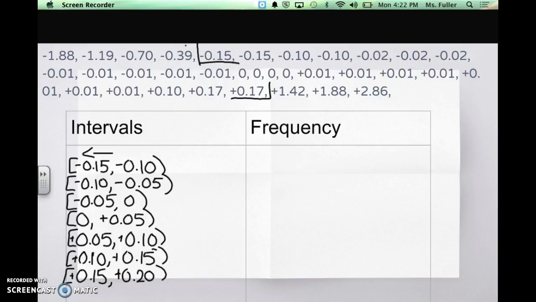And finally, we're going to do another outlier going the opposite way. Okay? So let's go ahead and do our tally marks.